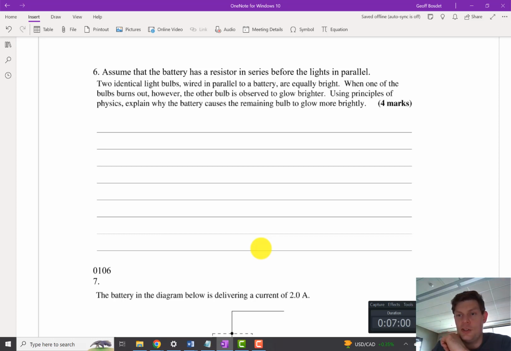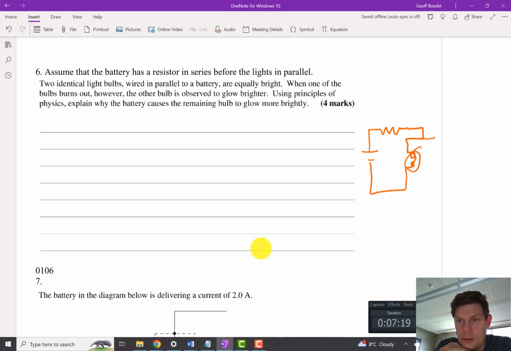So here's kind of your situation. You've got some circuit with some resistance, and then it's splitting between these two bulbs, which are basically resistors. Honestly, their resistance changes with the temperature, but we won't go into that.